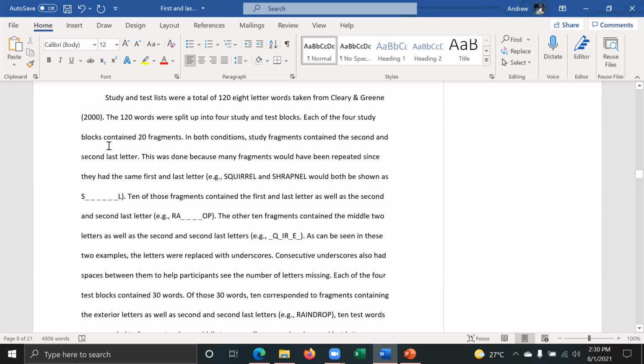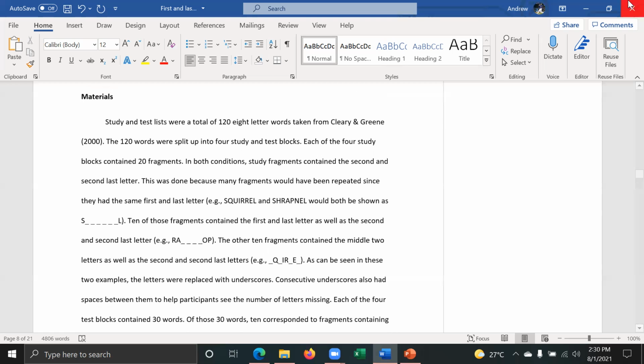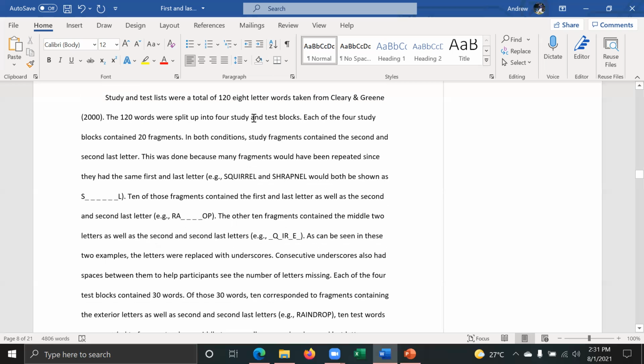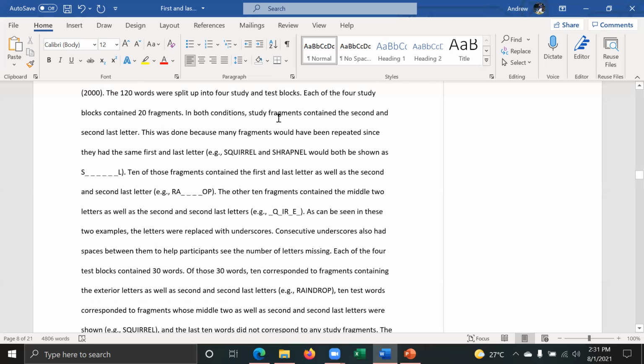If you're using a well-being measure or extroversion measure, be sure to cite where you got that measure from. If you go into the articles, they should list where you get the assessment tool. The 130 words were split up into 4 study test blocks.